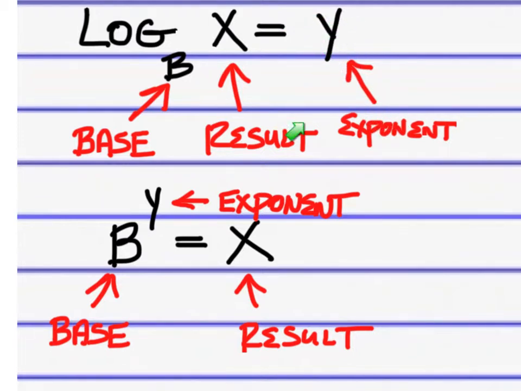In other words, b to the y power equals x. B here as the base, whatever that number is, you're raising it to this power out here and coming up with a result, x. The way you read it is log base b of x equals y. It's just another way of writing b to the y power equals x.